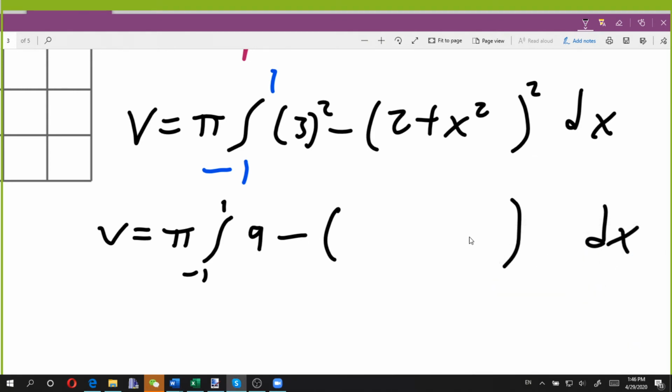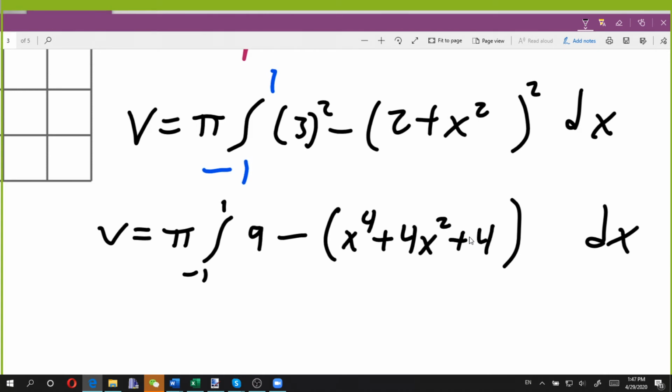All right, so we're on Abby. What happens if I square this? Sorry, my connection dropped. It's x to the 4th plus 4x squared plus 4.